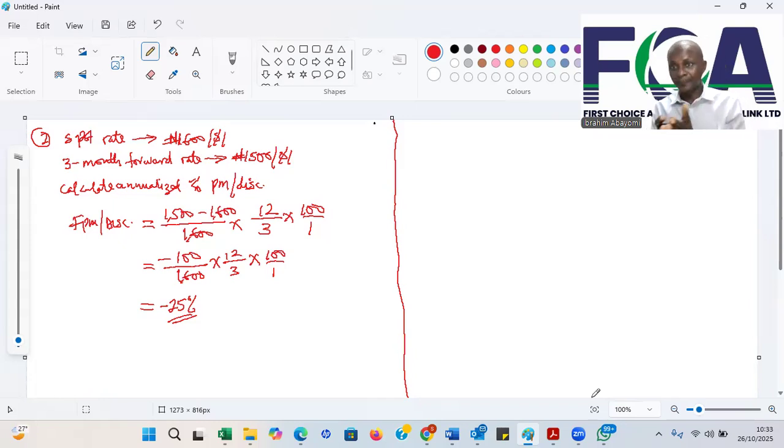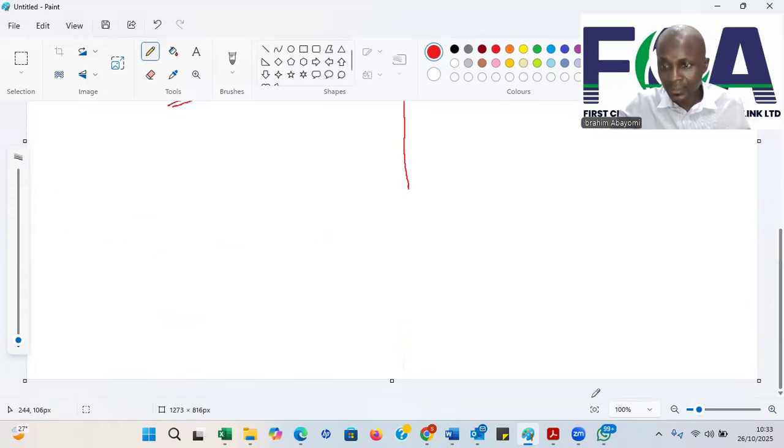What that means is that the forward premium or discount might not be the same figure, even though you reverse the exchange rate quotation. All right, that's forward premium and discount.